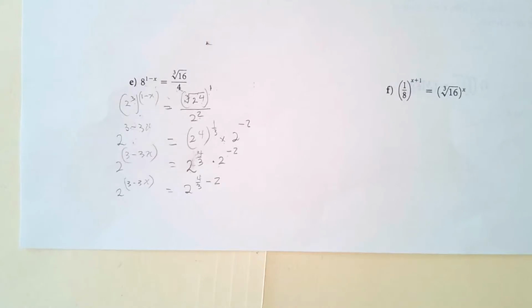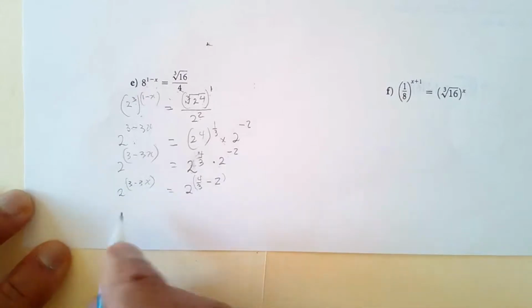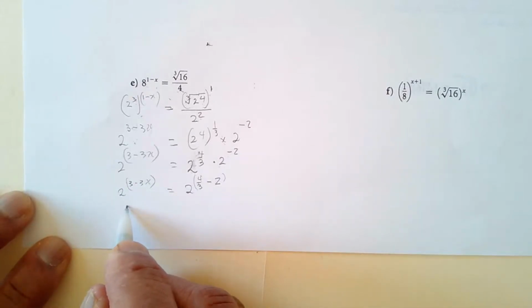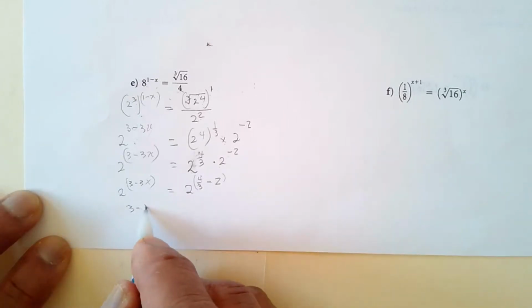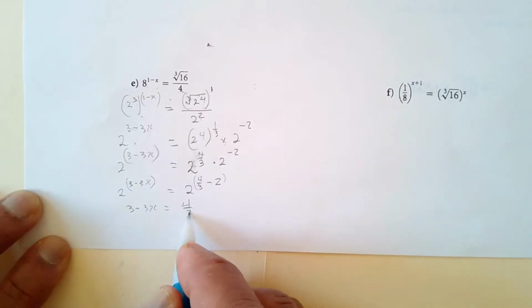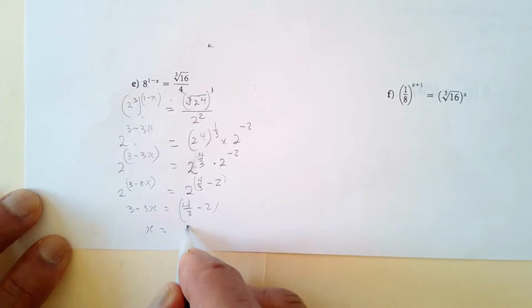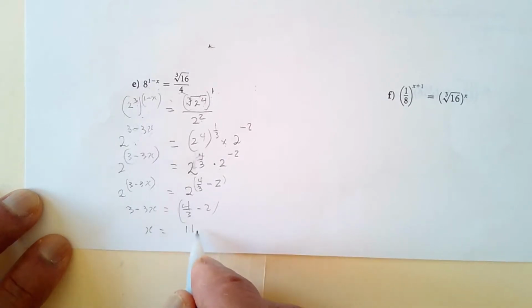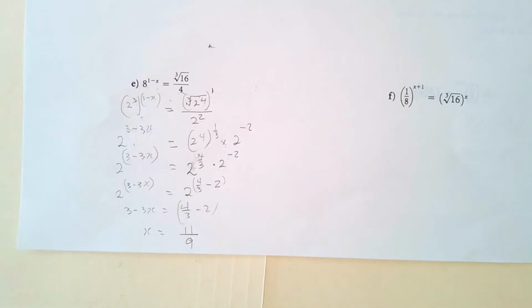And so now we have this equation here. We now equate our exponents. We have 3 minus 3x is equal to 4 over 3 minus 2. We do all of this stuff, and we get x is finally 11 over 9. So be careful with your work here.